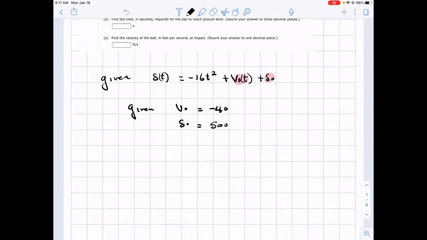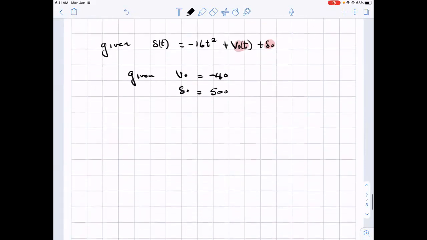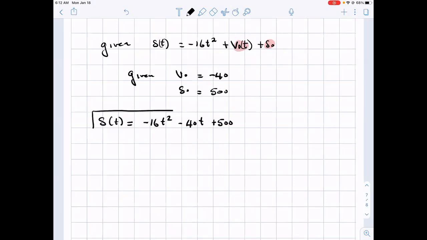You're on top of the building, so you're 500 feet high. So S of t, the position function, will be minus 16t squared minus 40t plus 500 in this example, because this building was 500 feet high. So this is your position function when you're on top of the building.